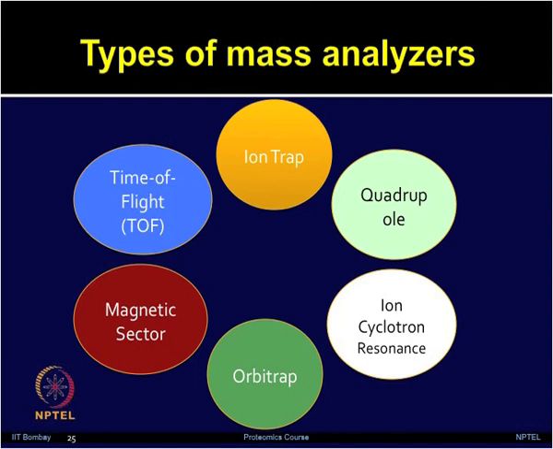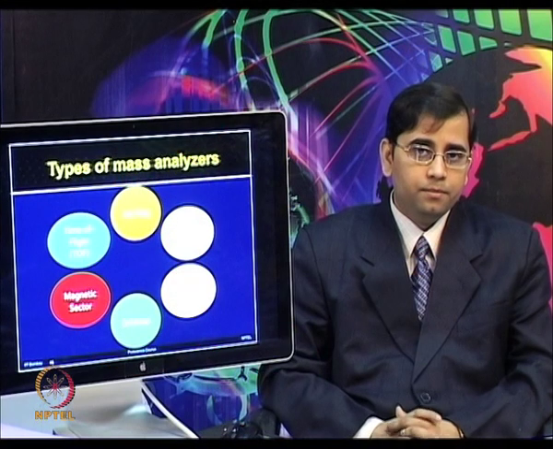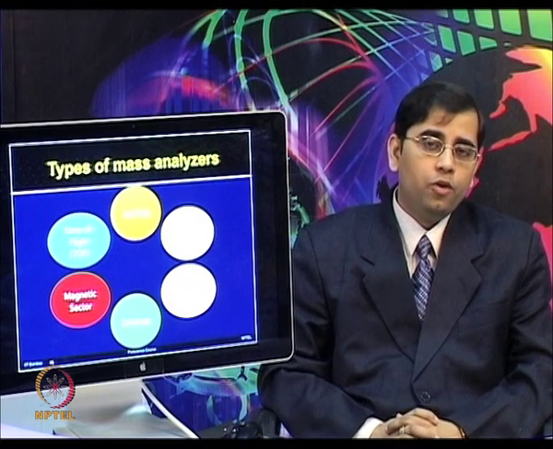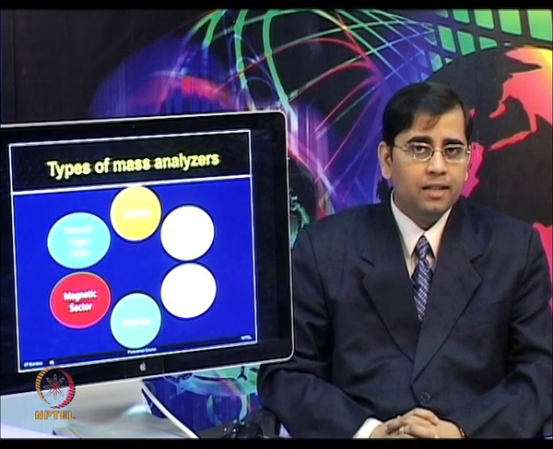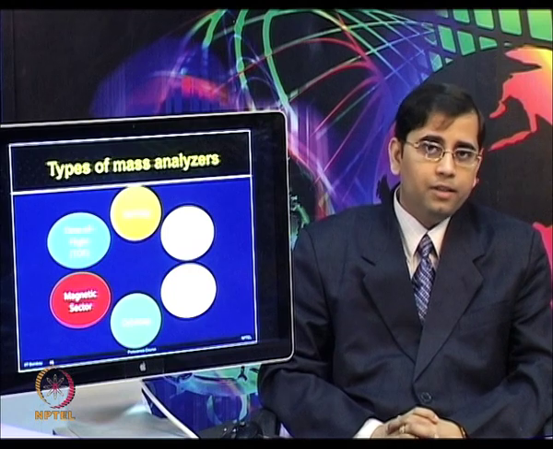The time of flight, ion trap, Orbitrap and ion cyclotron resonance analyzers separate ions based on their mass to charge ratio or resonance frequency, whereas quadrupoles or Q use an oscillating electrical field for selective stabilization of ions. This just gives you an overview of various types of mass analyzers, and briefly we discussed their principle.